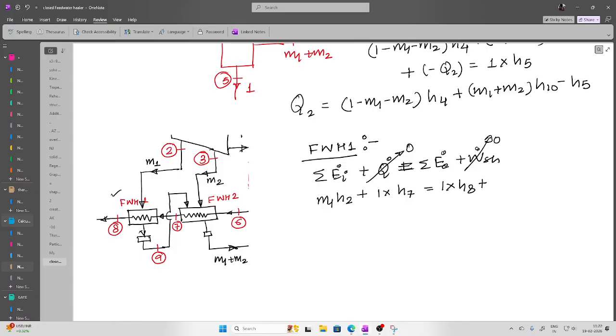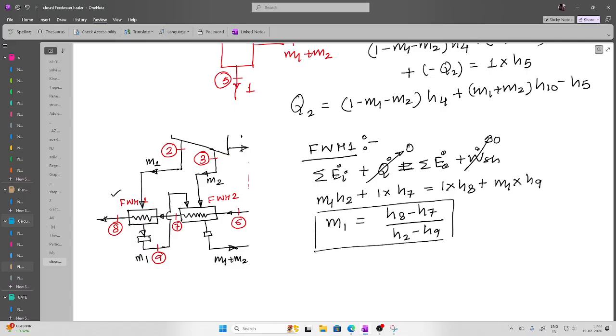And this is also exiting, so it is M1 times H9. So what is required? M1 was expected. So we can write M1 equal to H8 minus H7 divided by H2 minus H9. So from here you can evaluate M1.